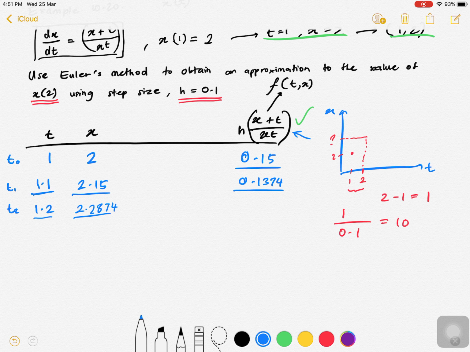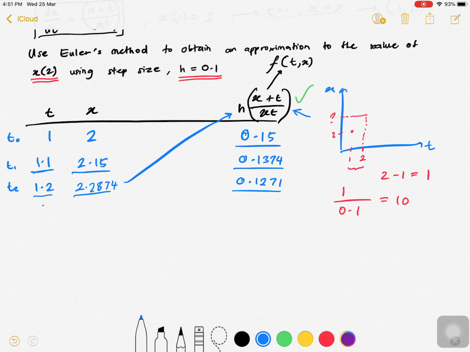When we put these values into this equation again, you can try this by yourself, we will get 0.1271.